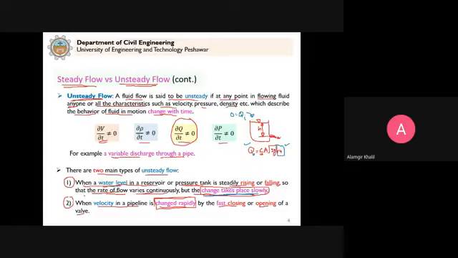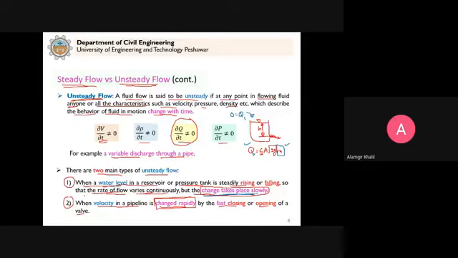Remember, unsteady flow also includes such topics as oscillations in connected reservoirs and in U-tubes, and such phenomena as tidal motion and flood waves in open channels. These are also unsteady flow problems, but we will not discuss them as per our textbook in this course.